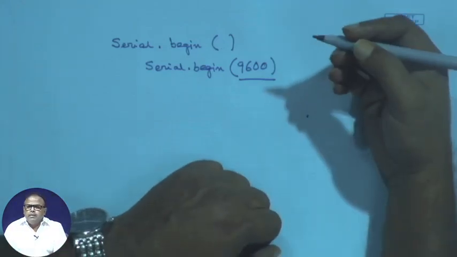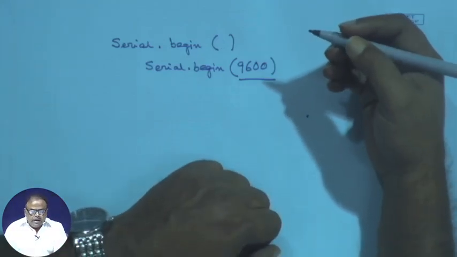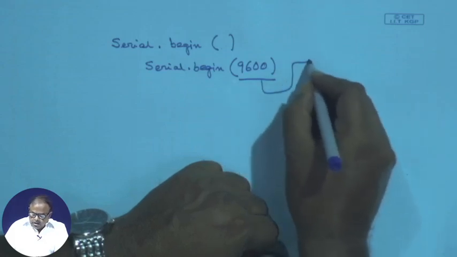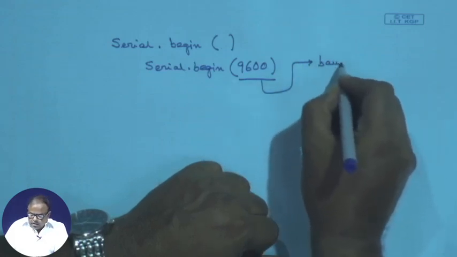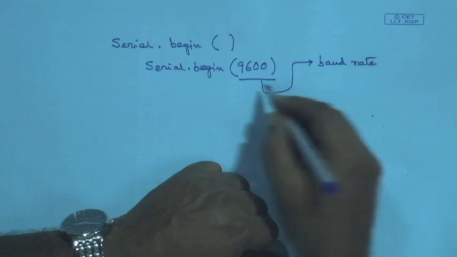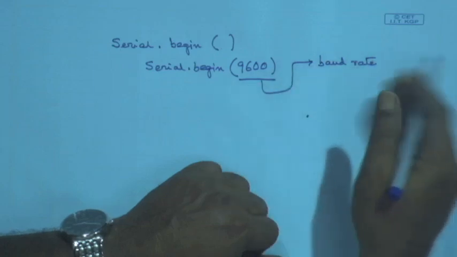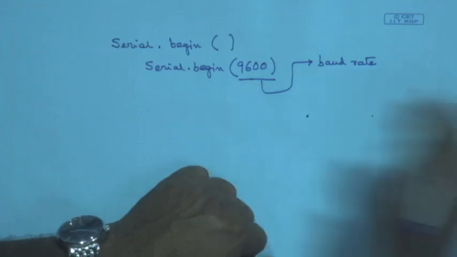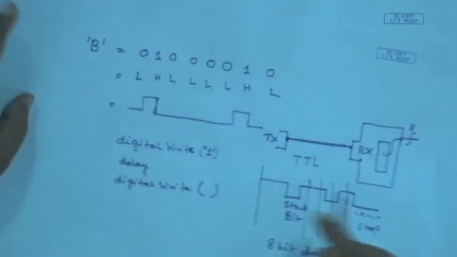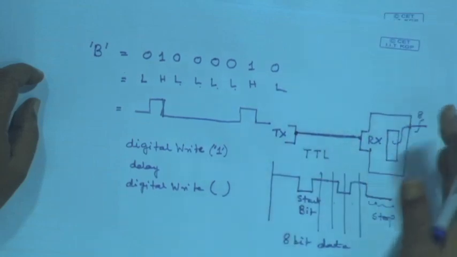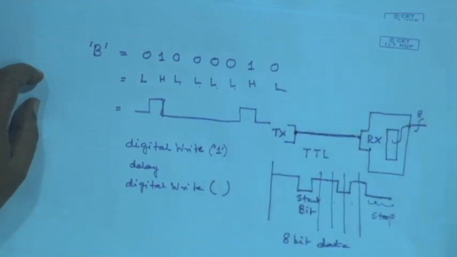This means I am going to send at 9600 bauds, right. This is the baud rate, that is the bits per second. So, 9600 bits. As soon as I start with this information, the sampling periods are fixed. I will have so many bits coming per second, so I can very well sense them.